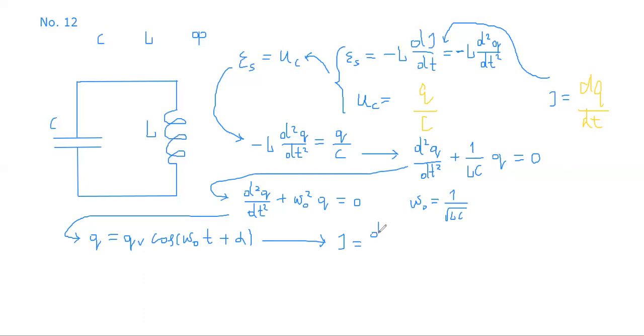Electric current is dq by dt, and this is equal to minus qv omega 0 sine of omega 0 t plus alpha.